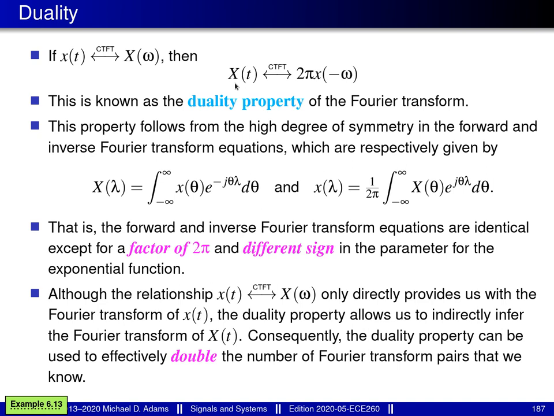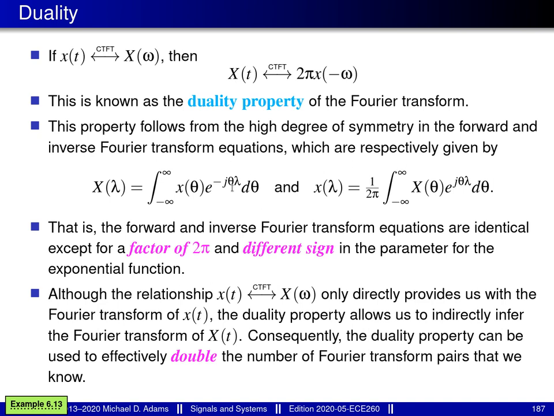So in some sense we're probably using the wrong equation, because if we have a function that's already a Fourier transform, probably what we want to do is take the inverse Fourier transform of the function, not the forward Fourier transform. But in this particular equation, we're taking the forward Fourier transform of big X. But the duality property says this is okay, we can fix this.